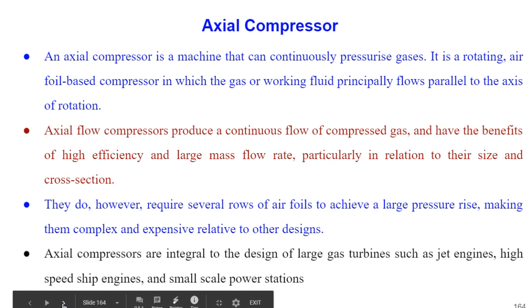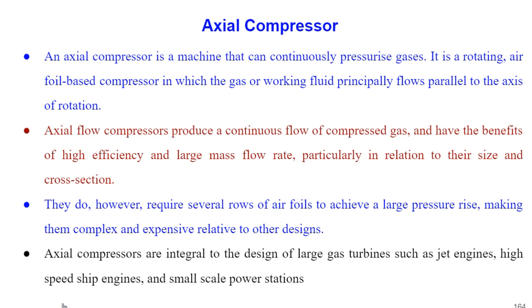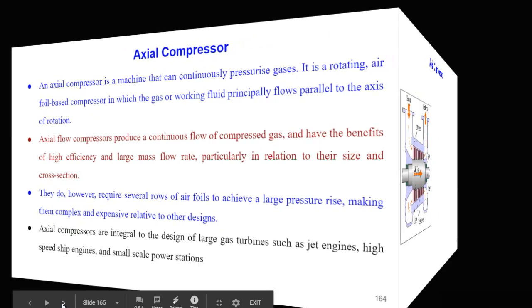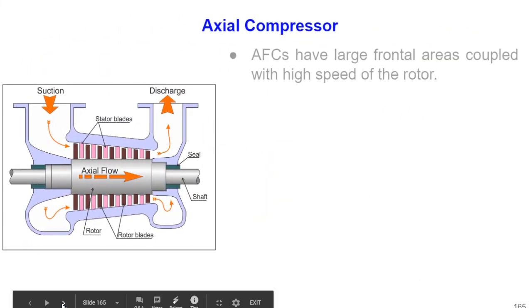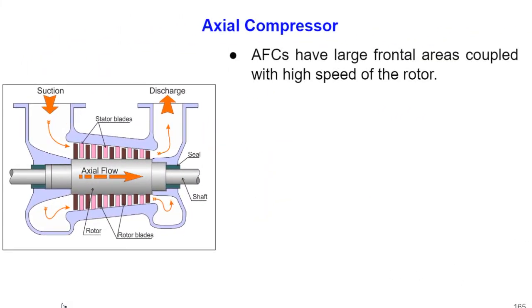Axial compressors are integral to the design of large gas turbines such as jet engines, high speed ship engines, and small scale power stations. So the axial flow compressor has a large frontal area.